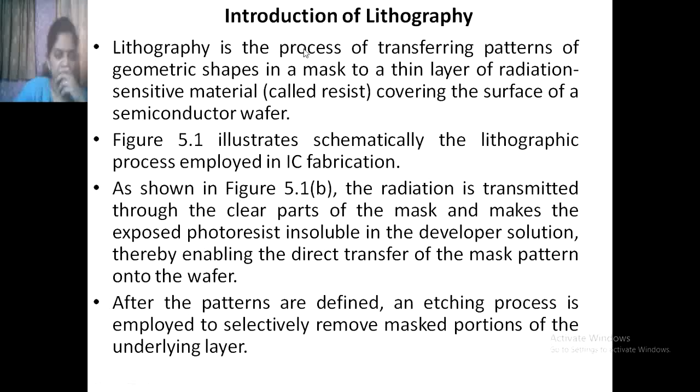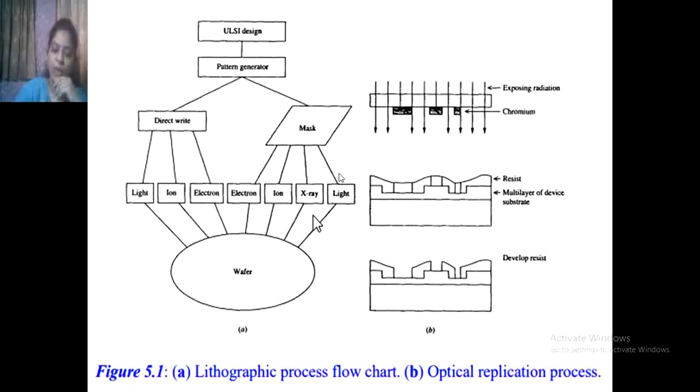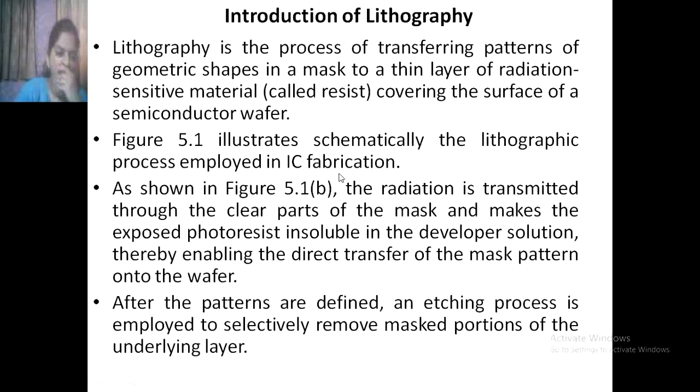We have seen in this session that lithography is the process of transferring a pattern of geometric shapes in a mask to a thin layer of radiation-sensitive material called a resist, covering the surface of a semiconductor wafer. Figure 5.1 illustrates schematically the lithography process employed in IC fabrication.